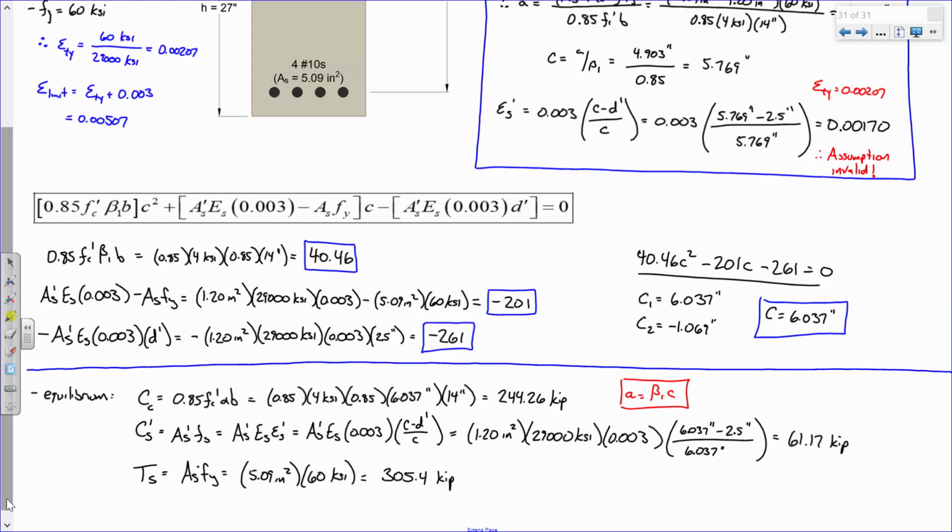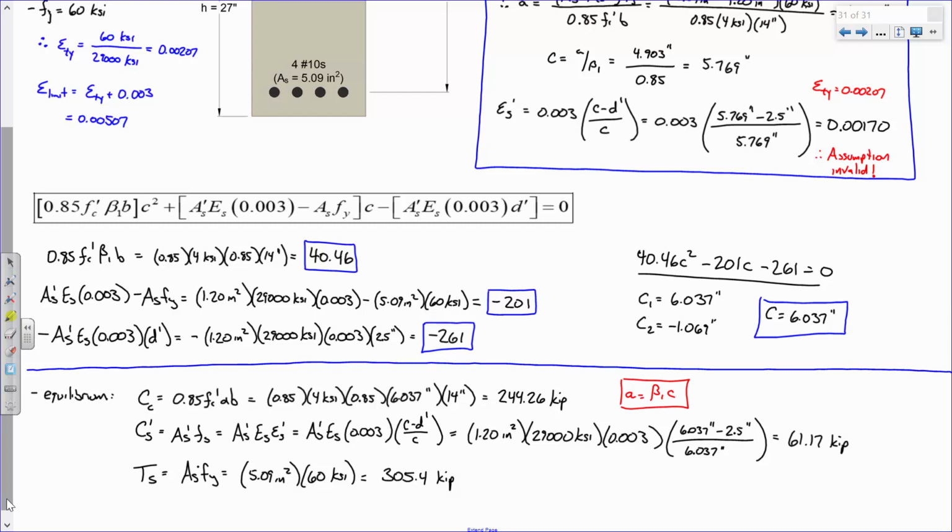So 305.4. What's the difference? The difference is rounding. Because if you solved this out, this value probably went on forever. It's probably 6.037248, you know.